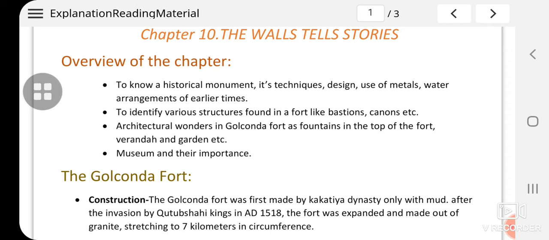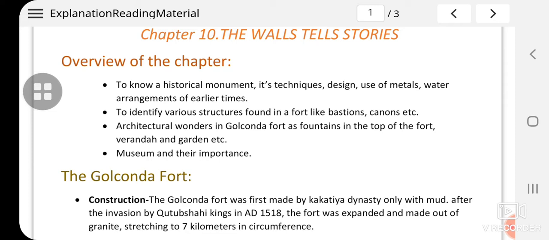That means we are appreciating the architectural design of the fort a lot. And then fountains at the top of the fort. So this is so amazing, no?